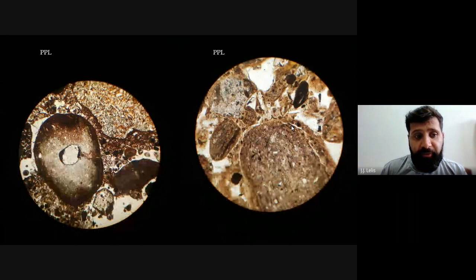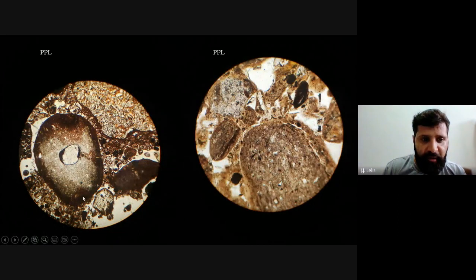And it's very important to check if these coarse grains have some clays on the surface, like in this picture. We can see the coarse grain here, and we have a dark layer that's very close to the surface. These are clay coatings.